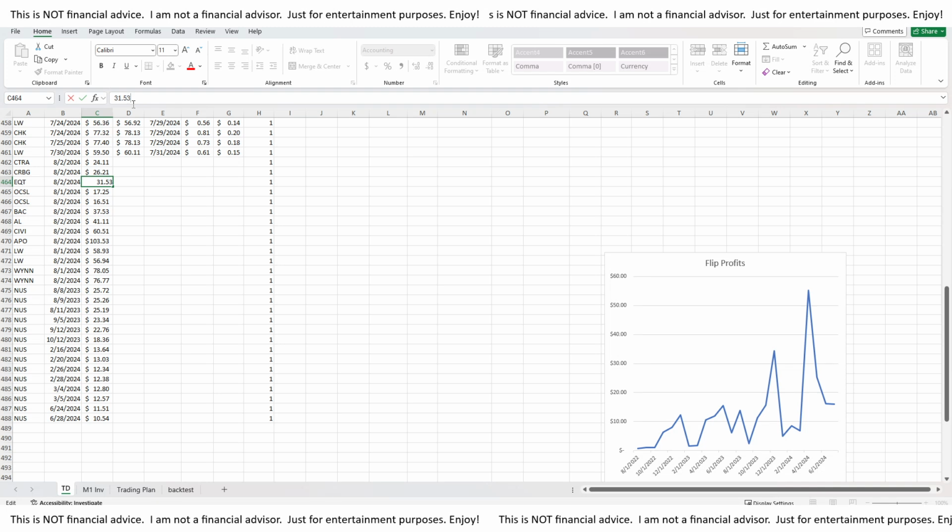GNTX, auto parts, dividend, no debt, reasonable PEs. It's on. 29.85 GNTX. I can't remember 85. I've got some timers already.